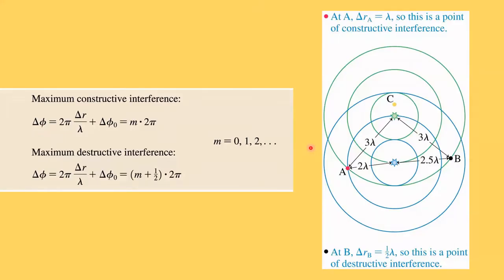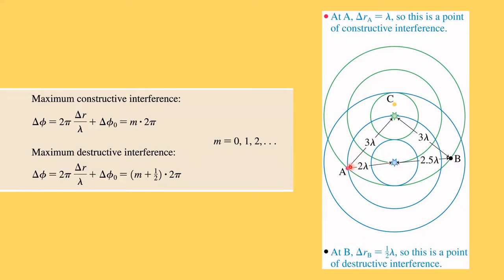Let's look at an example of a point where there's maximum constructive interference. So this would be one point on an antinodal line. Let's start with point A. You can see that point A, by looking at the blue wavefronts, you can count that it's 2 wavelengths from source 2.